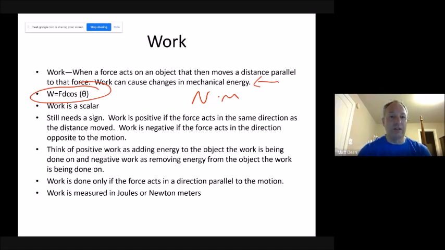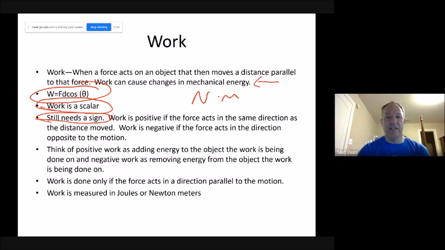And that angle is going to be important in lots of problems. Work is a scalar, which means that magnitude is really the only important part of work. But this gets a little bit confusing. Work still needs a sign, a positive or negative sign. If work is positive, that's telling you that the force is acting in the same direction as the distance moved.